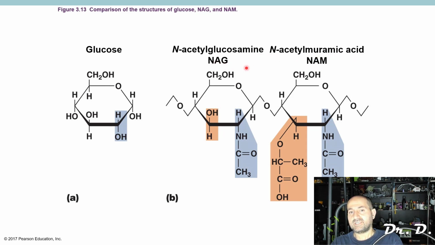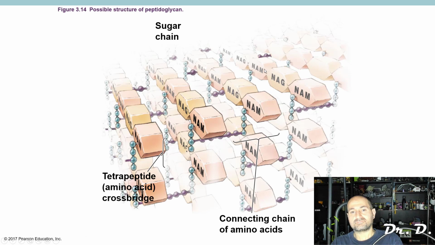So you have NAG and NAM subunits, and they link together. See, here is a NAG-NAM disaccharide with the peptide bond. You see these dots? These are the amino acids that are attached to NAM. And these NAG-NAM subunits link to one another.